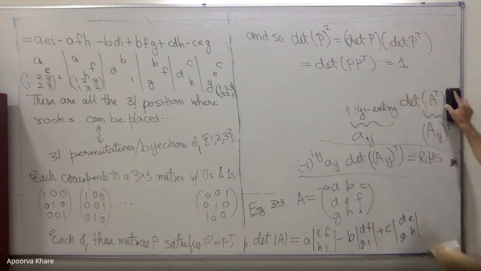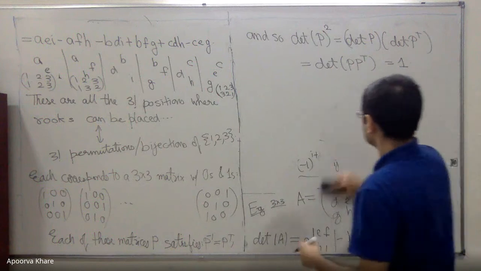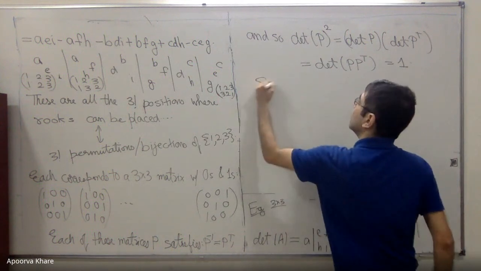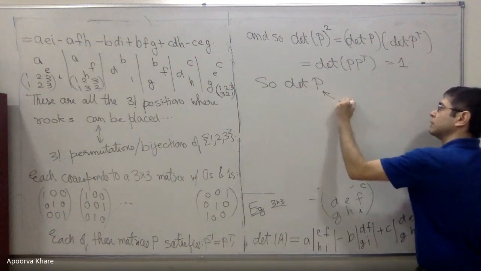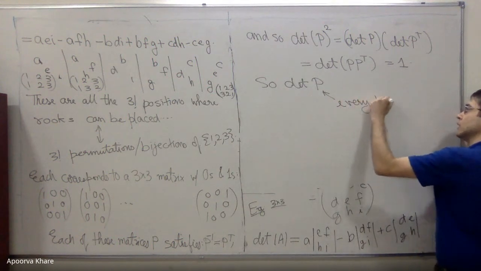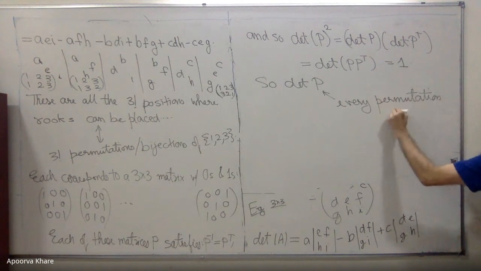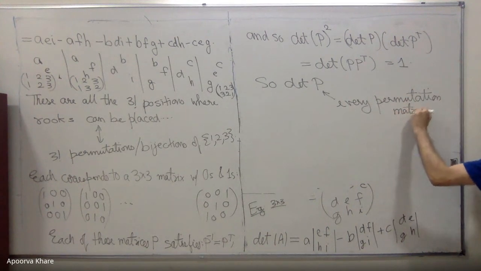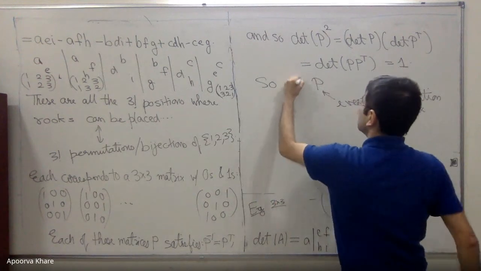So you have a real number whose square is 1, which means each determinant is plus or minus 1. Every permutation matrix, and not just 3 by 3, but n by n.